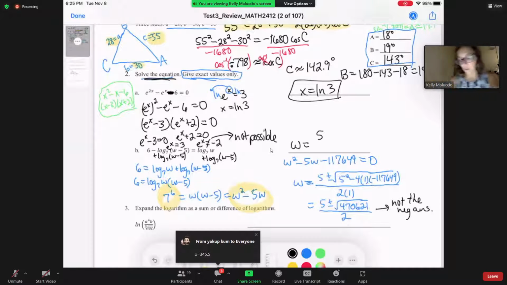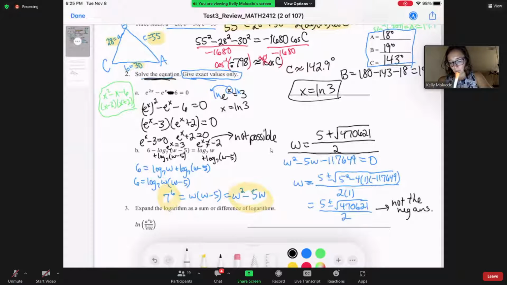But the positive answer should work just fine. So you can just say 5 plus this crazy square root. Even if you left it as 5 squared minus 4 times 7 to the 6th, I would not have been mad about that, as long as you're writing that work clearly and showing me.